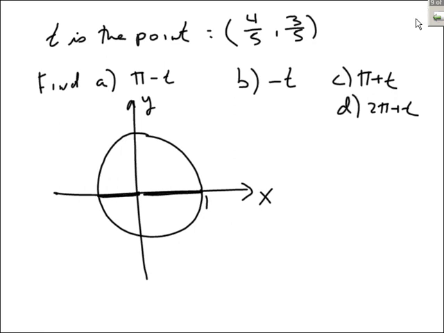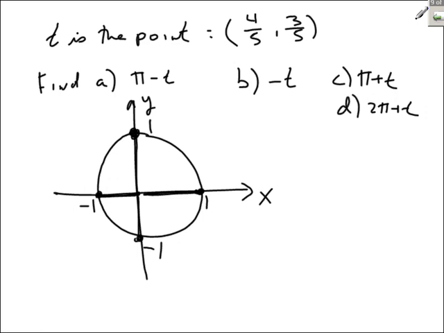This distance is also 1. Since it's to the left of the origin, it's going to be negative 1. The x value right here is negative 1. The x value right here is positive 1. Up here, since I went up 1, the y value will be 1. Since to get to this point, I go down 1, the y value will be negative 1.